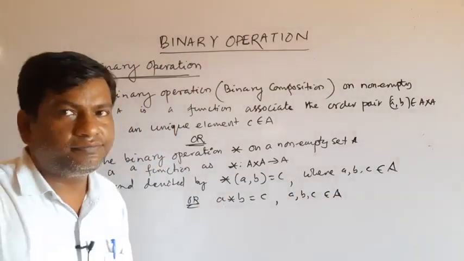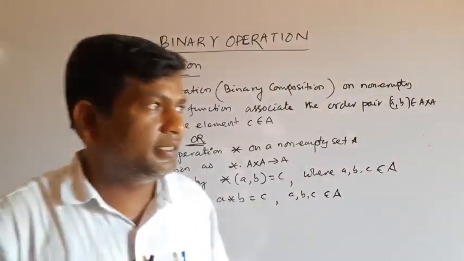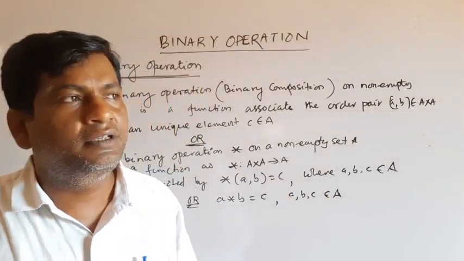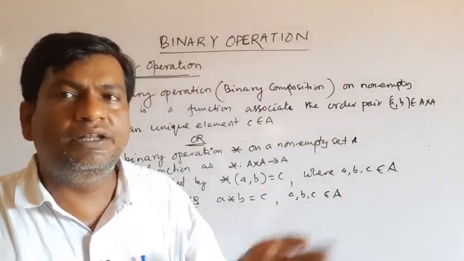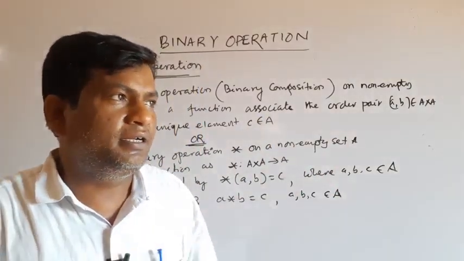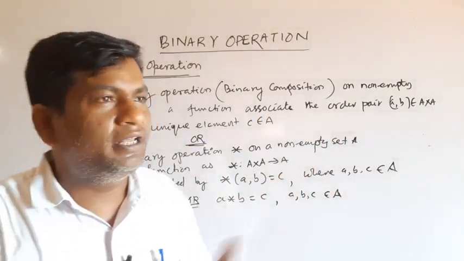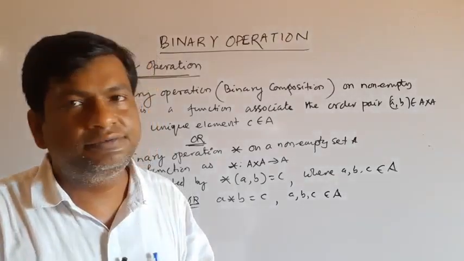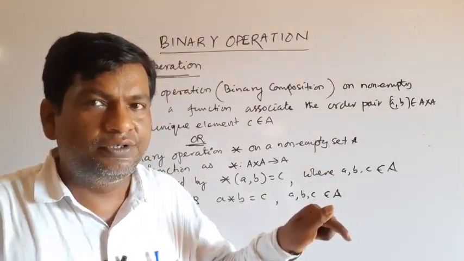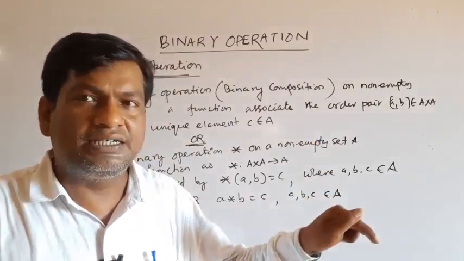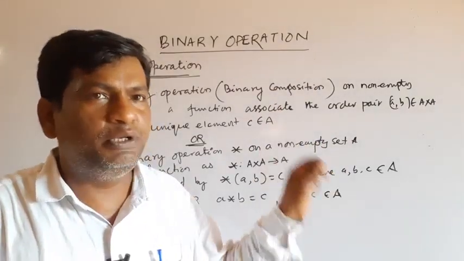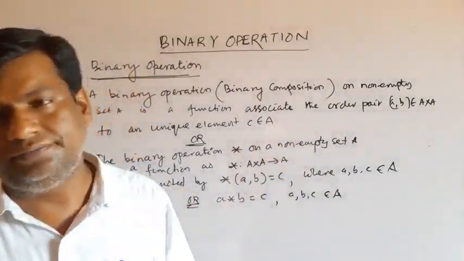Simply we can say, take a finite set A, select any two elements and operate on them. After the operation, a new element is obtained. If that element belongs to the same set, then star is a binary operation.